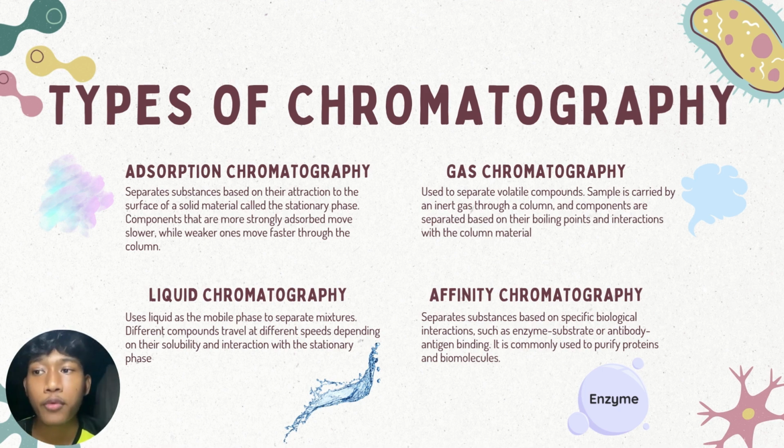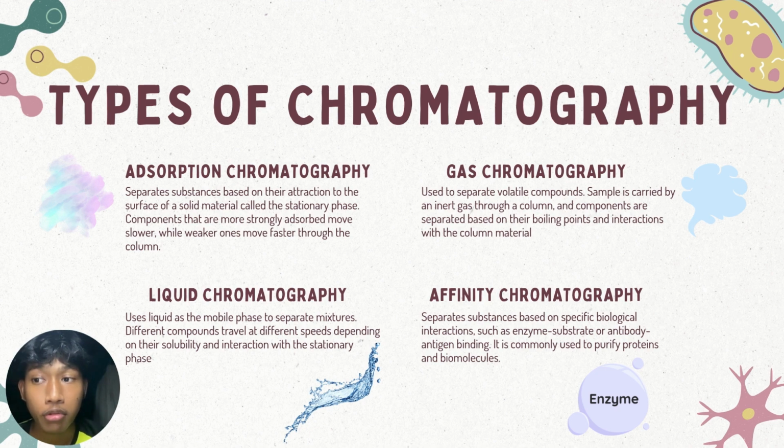Firstly is adsorption chromatography, which separates substances based on how strongly they stick to a solid surface. Second is gas chromatography, which is used to separate volatile compounds using an inert gas.